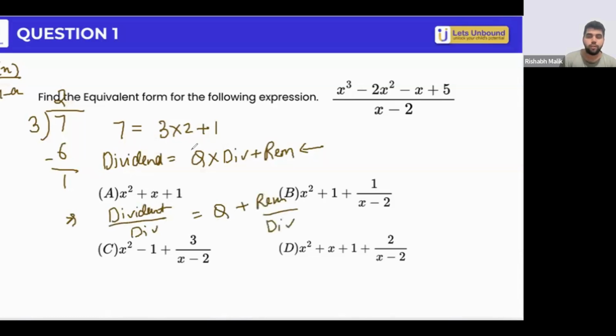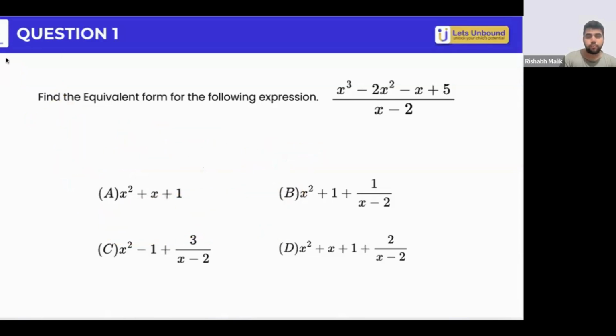Because for the second term here, divisor cancels out. So this is the form in which we have to answer these questions. Let me just clear the board. I'll write down everything on the top. So if I'm having f(x) over x minus a, that can be written as the quotient value plus remainder divided by x minus a.